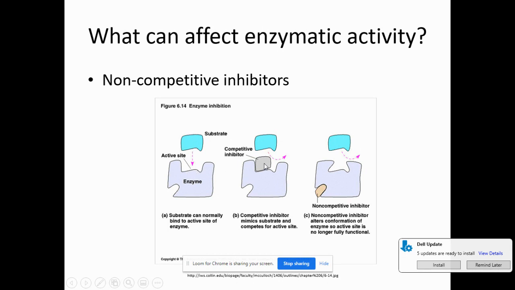Well, a competitive inhibitor is going to compete with the substrate for the active site. A non-competitive inhibitor is not going to compete with it. Instead, when they bind, they cause a change in shape in the active site such that the substrate can no longer bind. All right, so the competitive and non-competitive inhibitors both decrease enzymatic activity, but they do so in different ways.